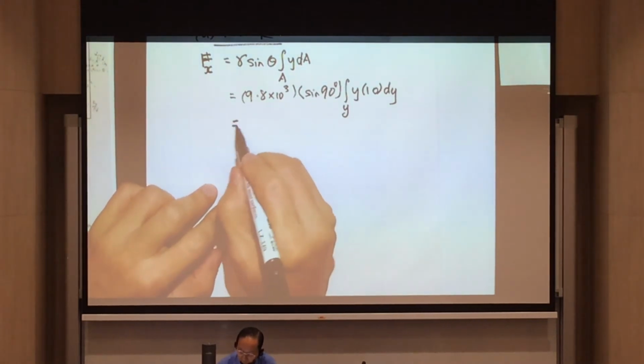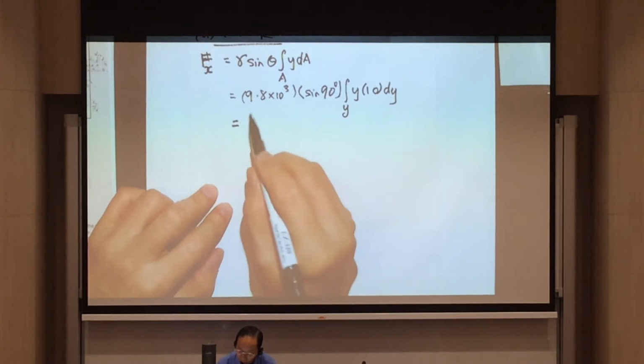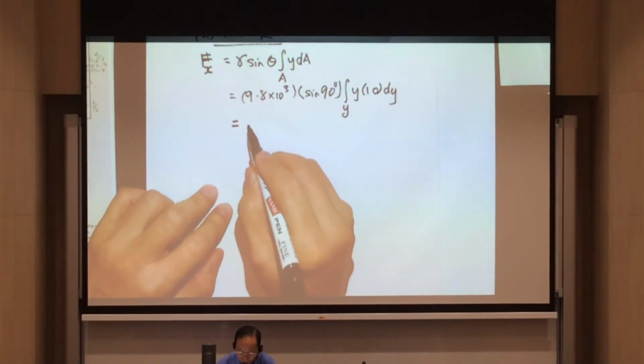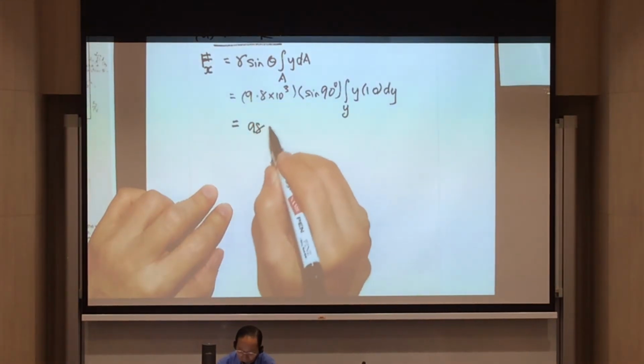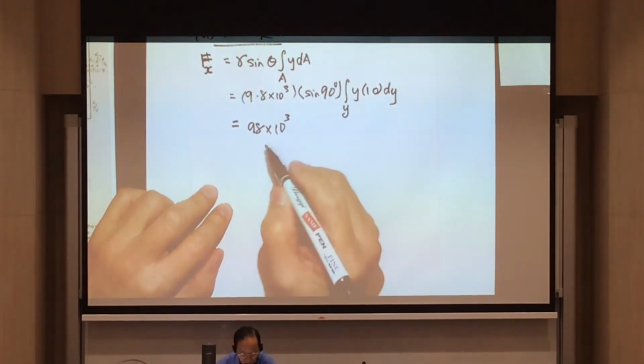So you evaluate this, you can just use a calculator. All the numbers will give you 9.8 times 10 to the 3, because sine 90 degrees is equal to 1.